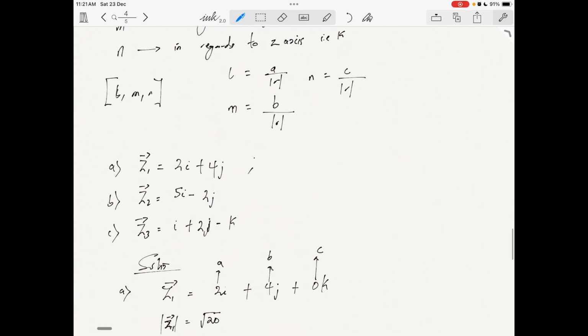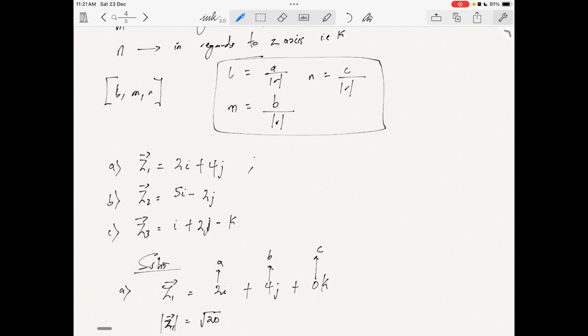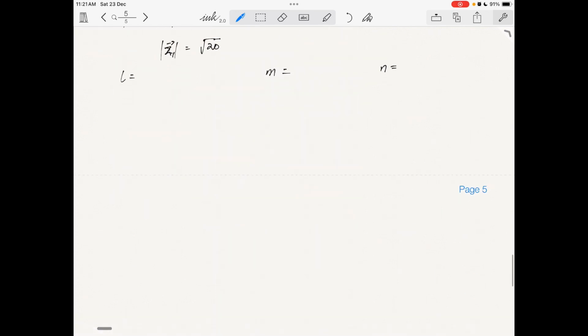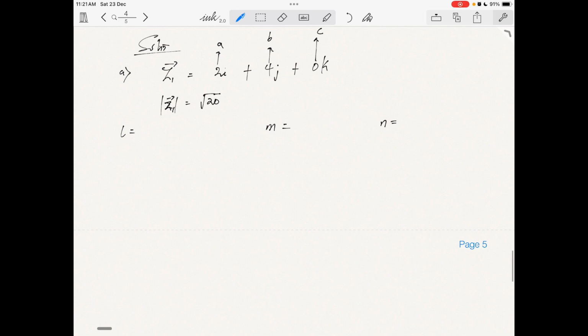L is equal to a over the modulus of the vector, m is b over the modulus of the vector, and n is c divided by the modulus of the vector. So we write l to be a divided by modulus of z1, m to be b divided by modulus of z1, and n to be c divided by modulus of z1.